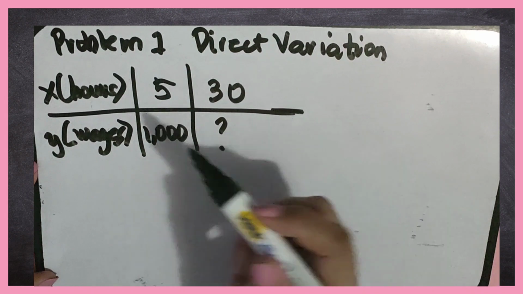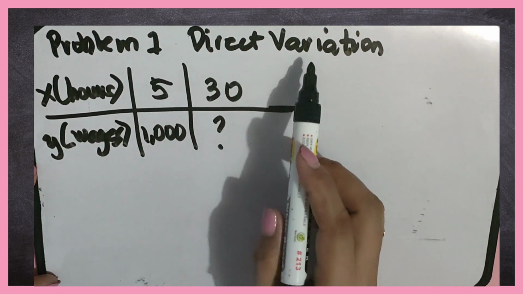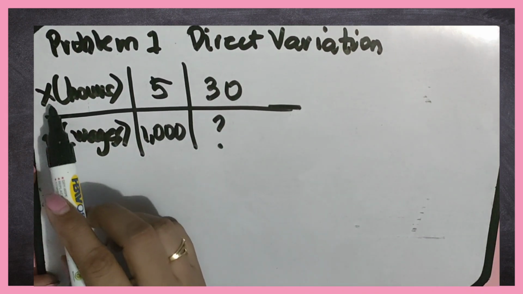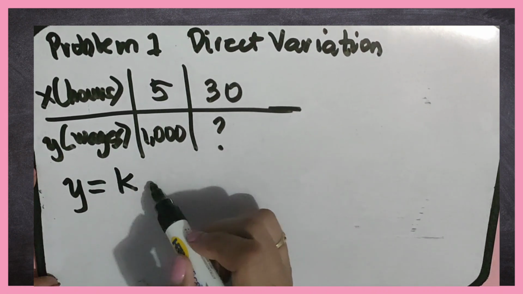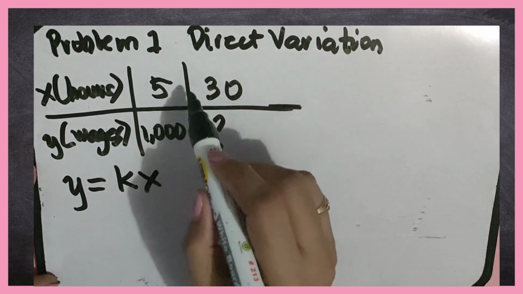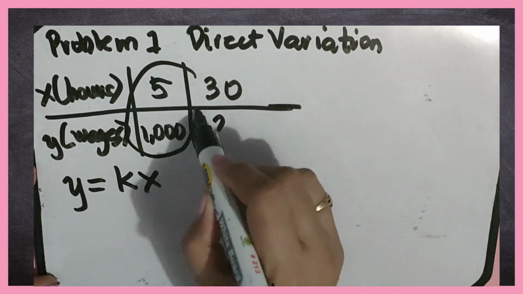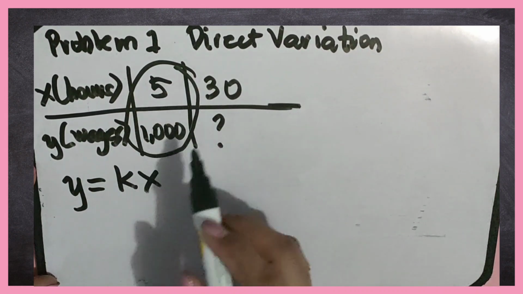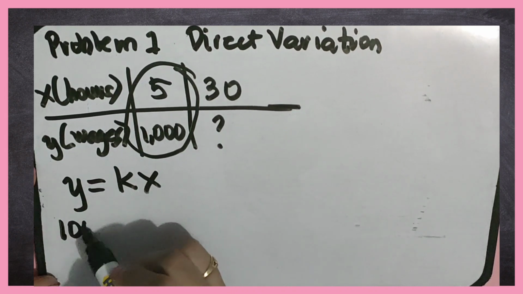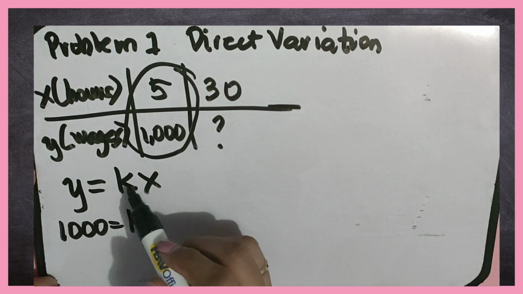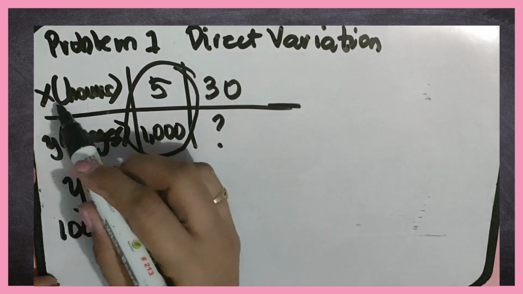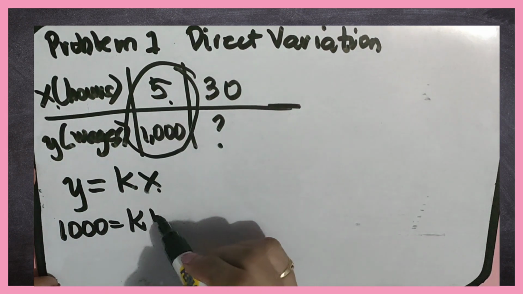Then of course, because this is direct variation, we have y varies directly as x. So we have to write y equals kx. Then all you have to do is to substitute the first pair of numbers. We have y is 1,000 is equal to k. Isusulat mo lang uli yung k. And then isa-substitute mo yung value ng x, which is 5.